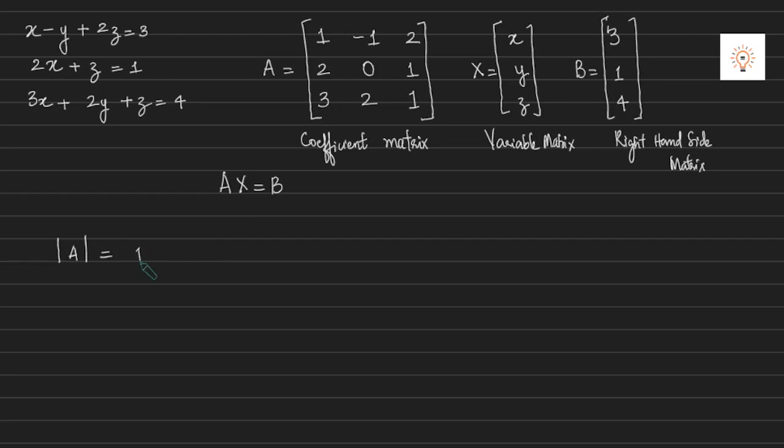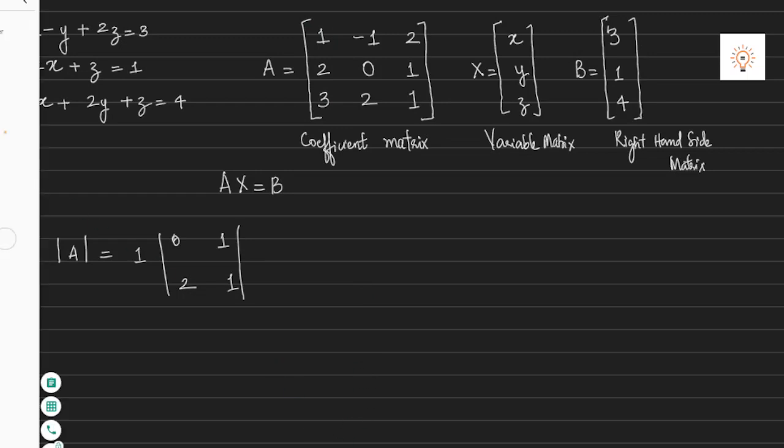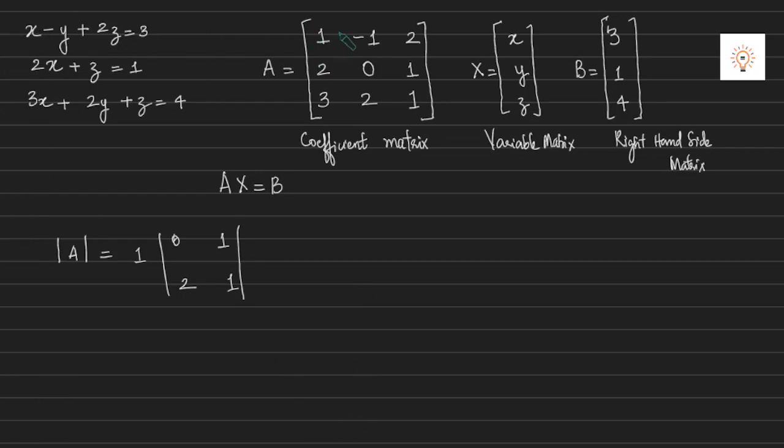So I'll have the first term as 1 into 0, 1, 2, 1. Now the second term is -1. We should know one thing: whenever we expand along any row or column, we have signs. We need to put the plus or negative sign with respect to the position of the element. So this is plus, minus, plus, negative, positive, negative, positive, negative, positive.